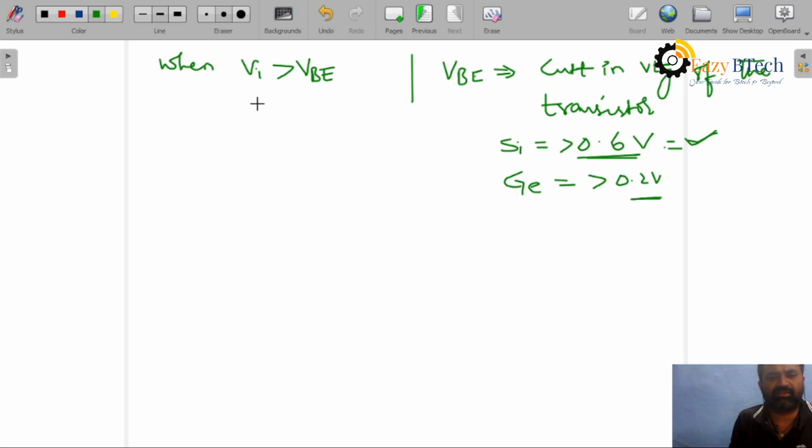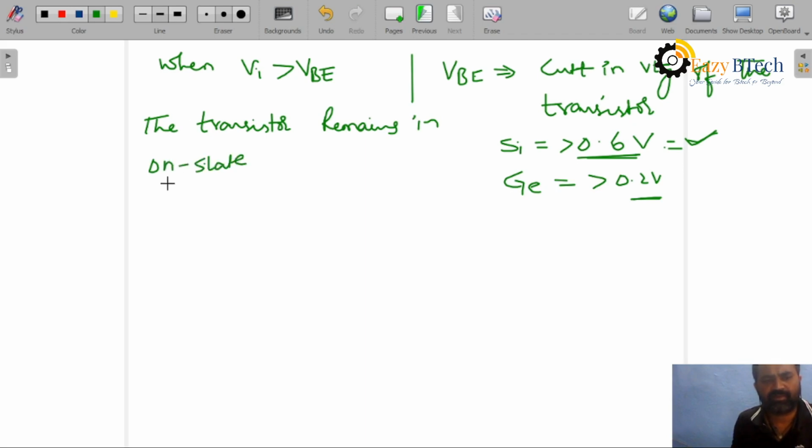When Vin is greater than VBE, what happens in this case? The transistor remains in the on state, because this emitter-base junction, this JE junction, is now forward biased.